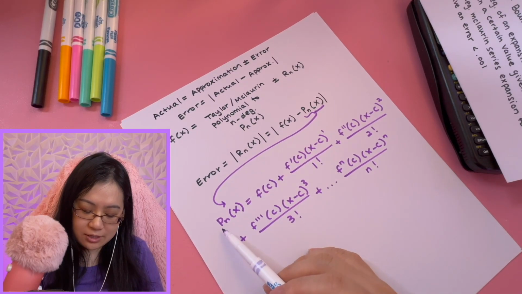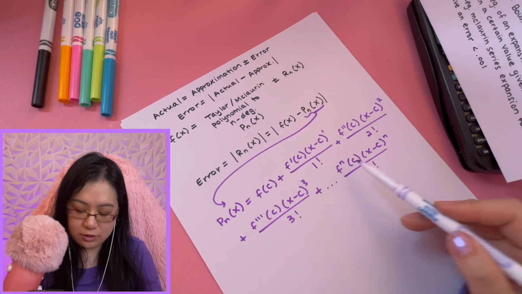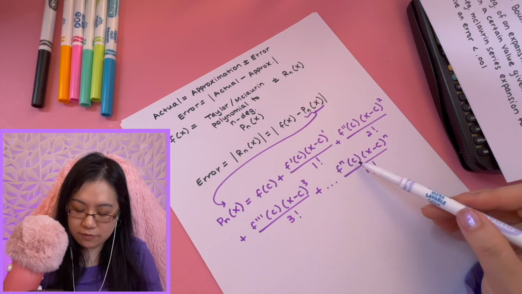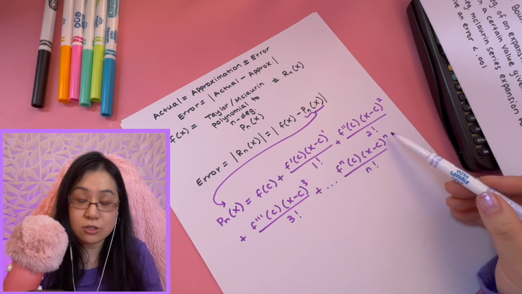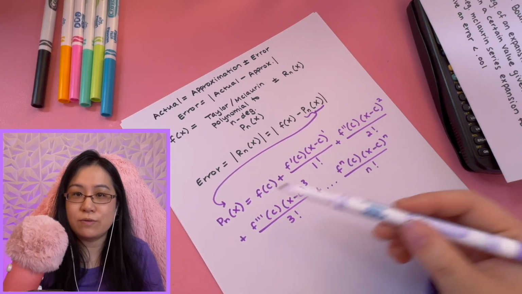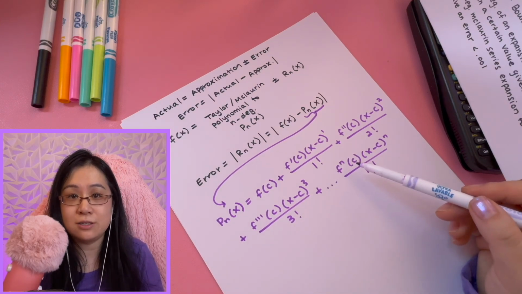So this is finite. We stop at some degree n. We just choose it. You could say n is 10, so the 10th derivative times (x minus c) to the power of 10 divided by 10 factorial. But the important part for this approximation is that n is some kind of constant number.